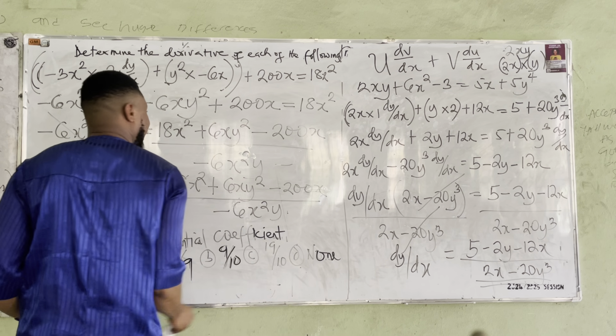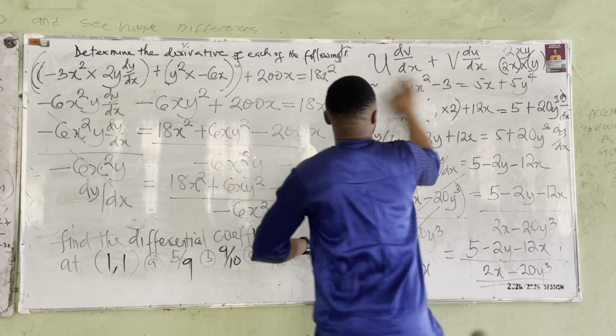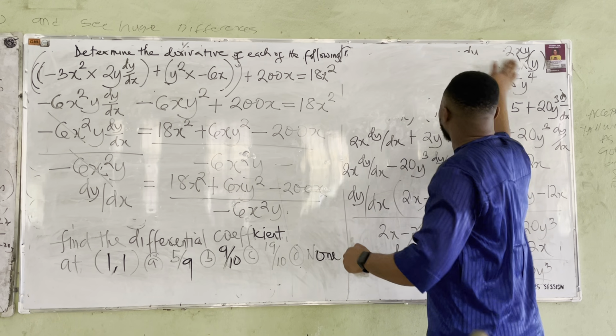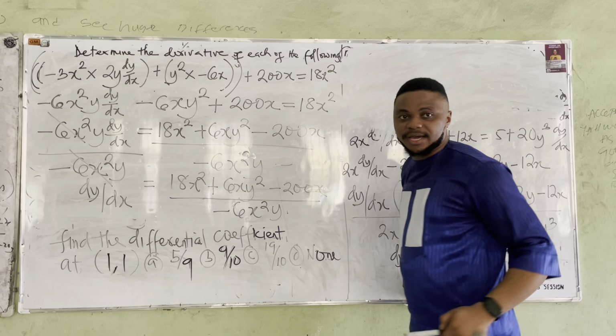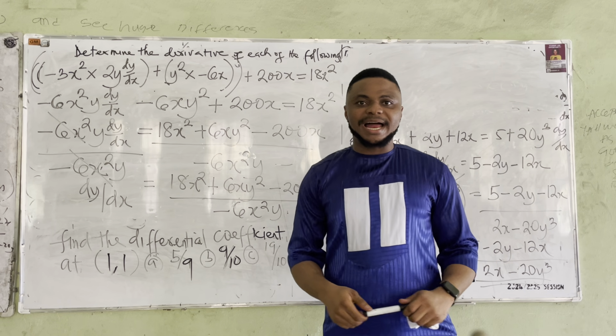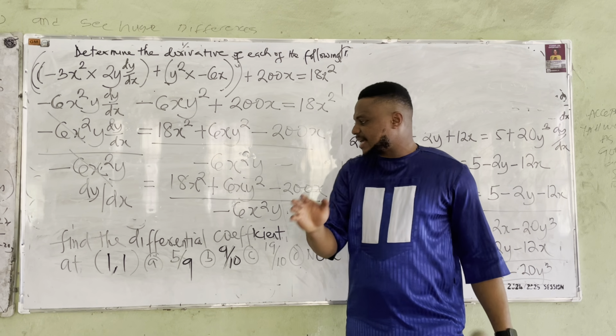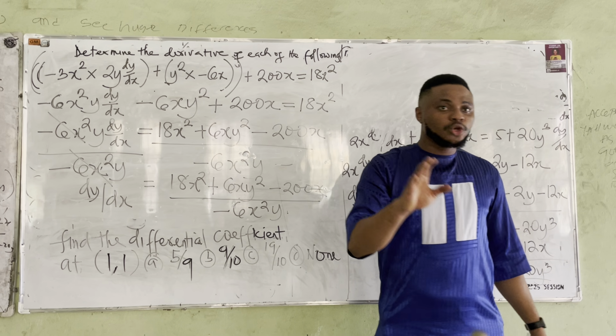Okay, so I've cleaned number 6 mistakenly. So I'll be writing number 6 again so we can attempt it. Let me just explain number 6 so you do it.